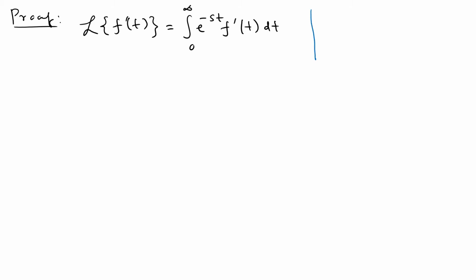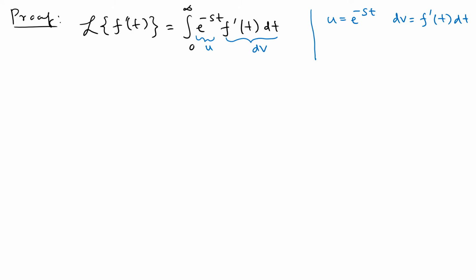What are the candidates? We can pick u as e^(-st), and the rest of the function we're going to pick as the dv part. So dv is f prime(t) dt.